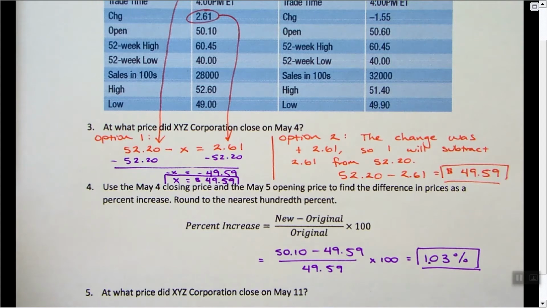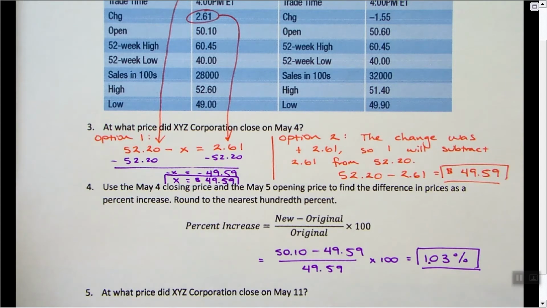Round to the nearest hundredth of a percent. So try numbers 5 and 6 on your own, looking at numbers 3 and 4 as examples. You can go ahead and pause the video.